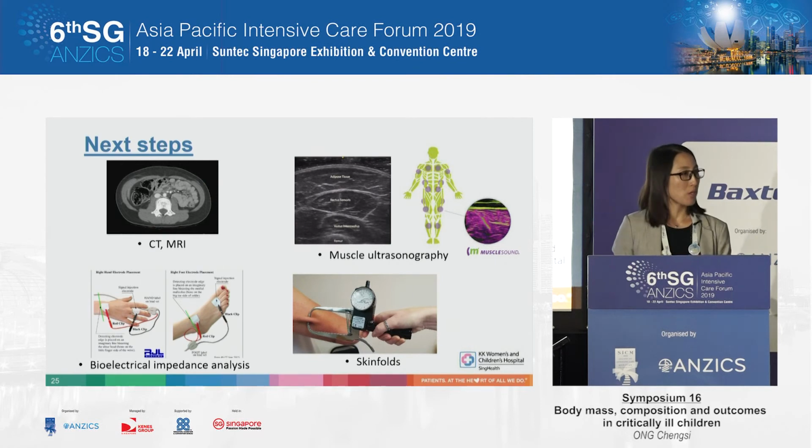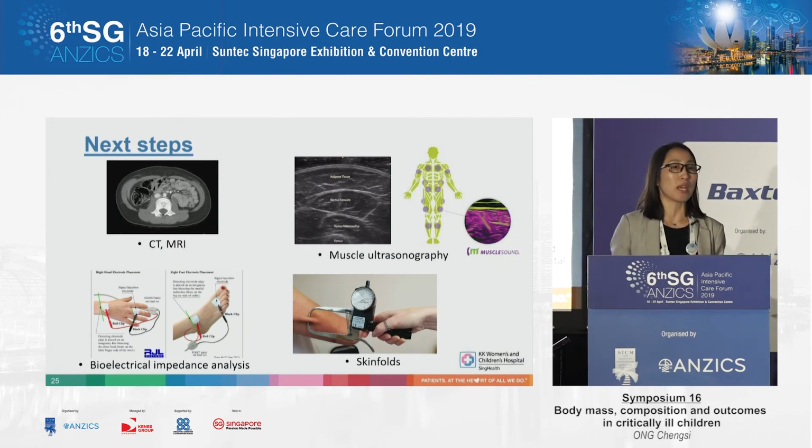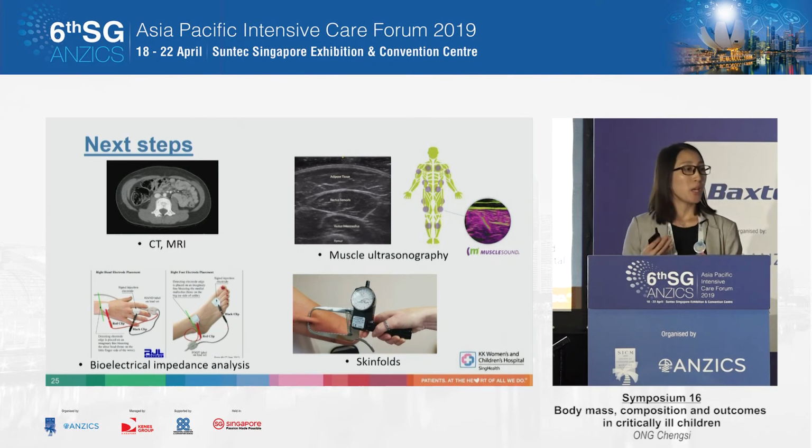Maybe muscle ultrasonography, which can be done at bedside, and they have increasing new technologies to look at what is in the muscle, including glycogen, and perhaps it is looking at other things like bioelectrical impedance analysis. So that can be used to look at the health of the muscle, health of the cells, things like phase angle are used, or maybe even back to the usual skin folds, but that can be technically difficult in the ICU with patients who are supine and lying there and unable to turn and unable to get it accurately.